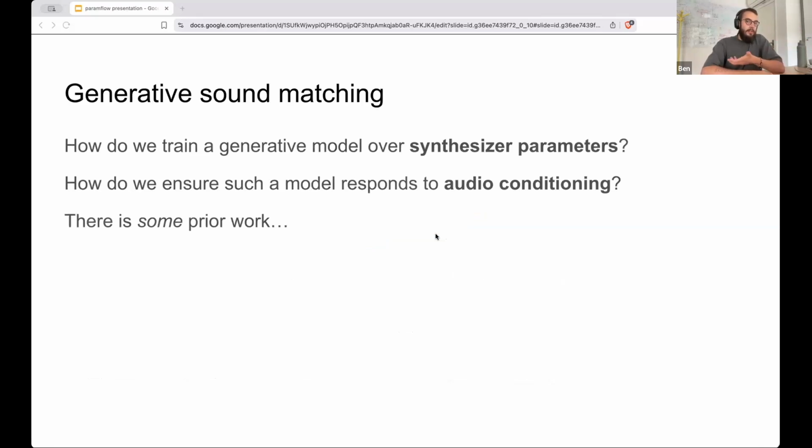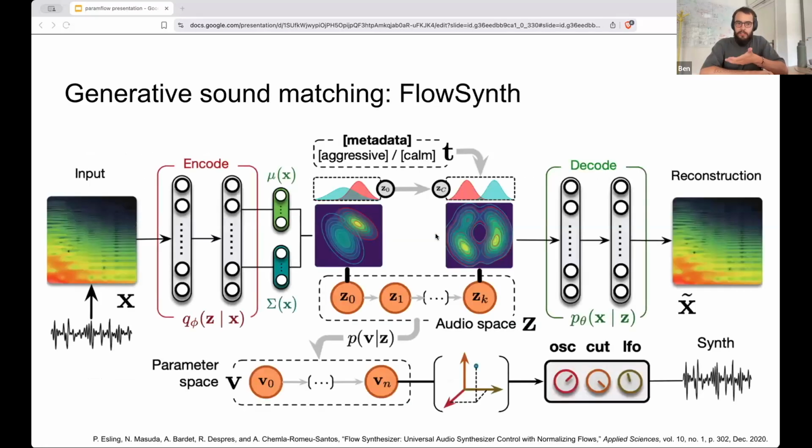So this begs the question, how do we do this in the space of synthesizer parameters? And how do we ensure it actually responds to our audio conditioning, because this is a very rich, high-dimensional conditioning signal? There's been some prior work. If you've been in the field for any amount of time, you're probably familiar with FlowSynth from ACIDS at IRCAM. This was a really awesome, pioneering piece of work.